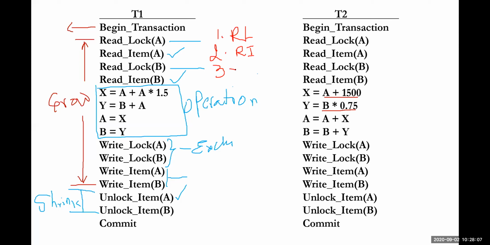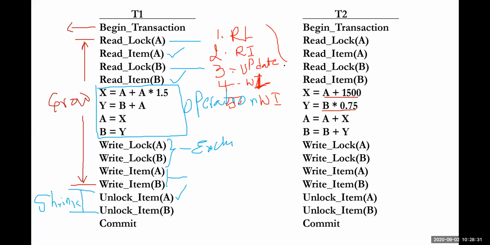Number three, the actual operation, let me consider it as an update. So the update operation will be done by you. Number four, the write lock will be acquired. Number five, what exactly will number five be? The write items will be operated.